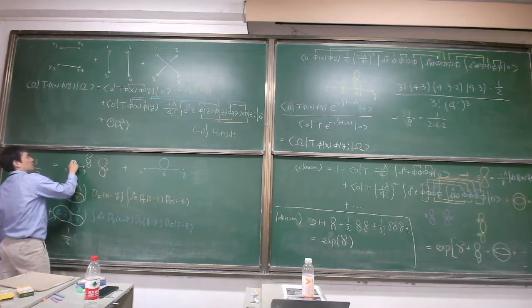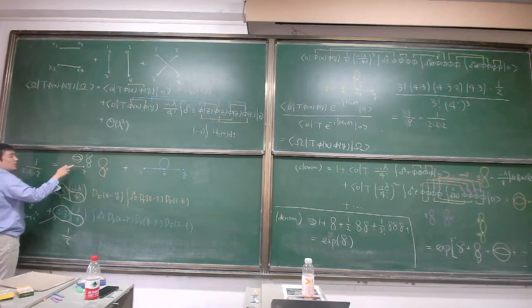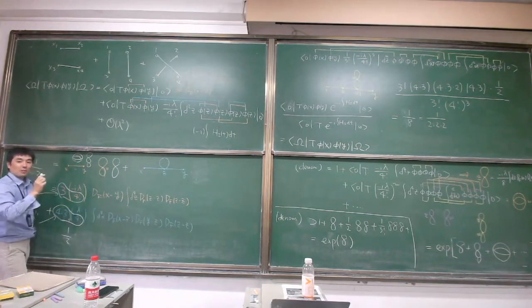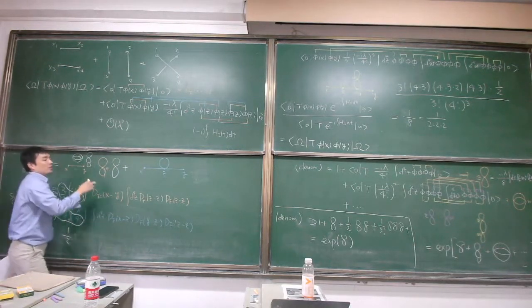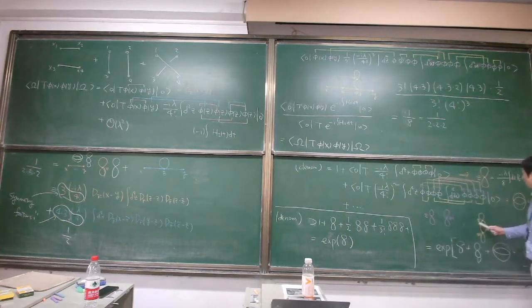And this times this one also shows up. If you go to higher order, this times this one shows up. Do you understand what I mean? That will cancel with these three.